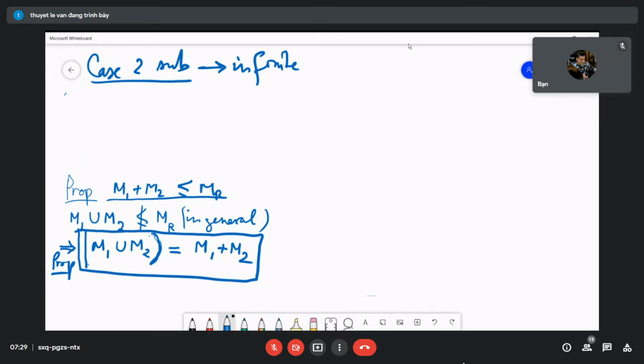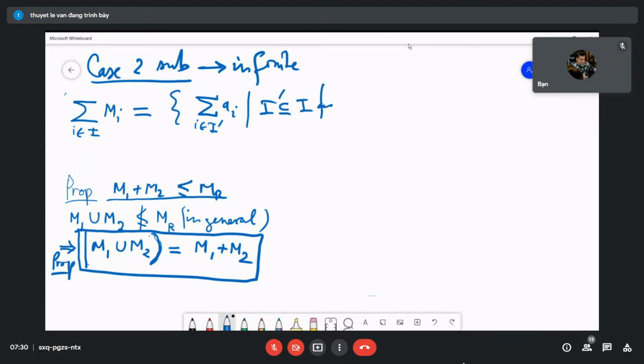So what is the definition? The definition is the sigma of Mi with i in I. That is equal to the sum over i in I prime of ai, where I prime is a subset of I and I prime is finite.